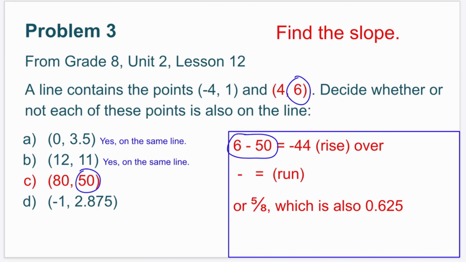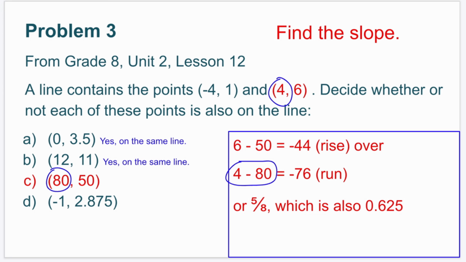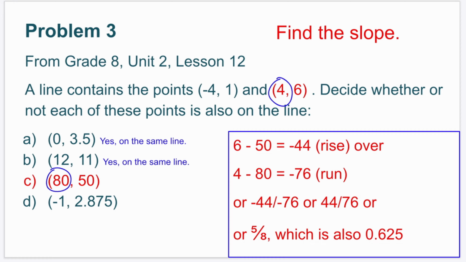C. 6 minus 50 equals negative 44. That's the difference in the y coordinates, over 4 minus 80. That's the difference in the x coordinates. So negative 44 over negative 76, or negative 44 divided by negative 76. Again, a negative divided by a negative is the same thing as a positive.